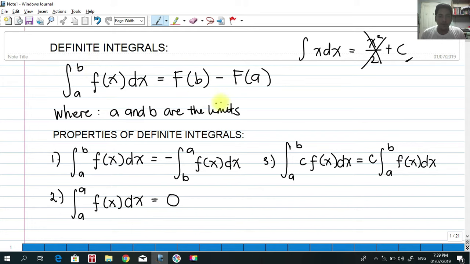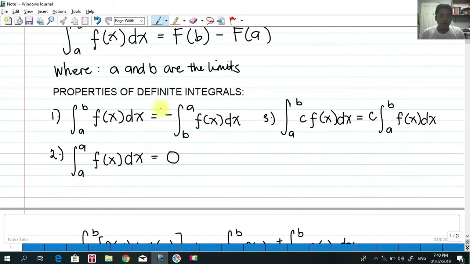Take note, it's the function evaluated at the upper limit minus the function evaluated at the lower limit. So f of b minus f of a will result in a constant value, not any more expressions, because we are talking about definite here. From the word itself, definite, the result should always be a constant number.